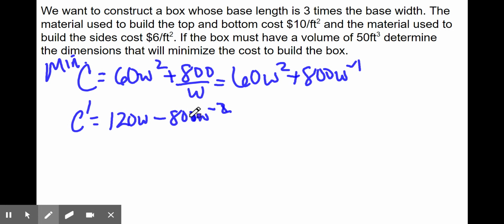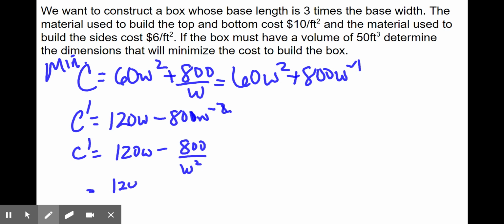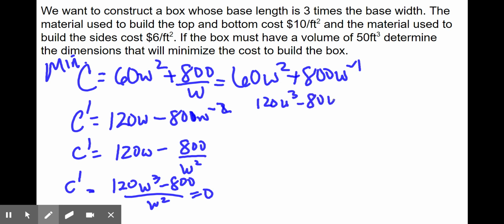I have to bring that back down to the bottom because I do need to find a common denominator before I find the critical numbers, W squared. So that's going to be 120W cubed minus 800 over W squared. I need that to be equal to 0. So that's equal to 0 when 120W cubed minus 800 is equal to 0.